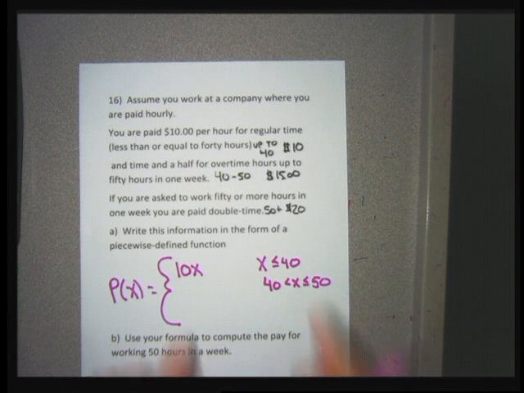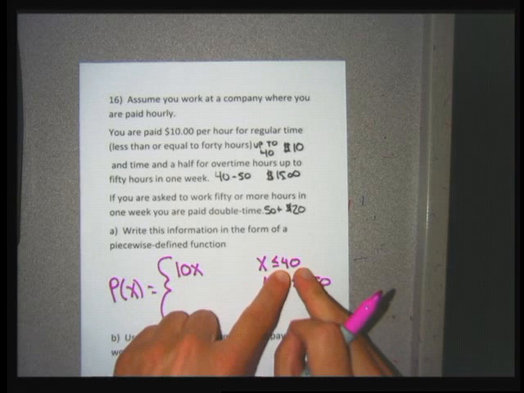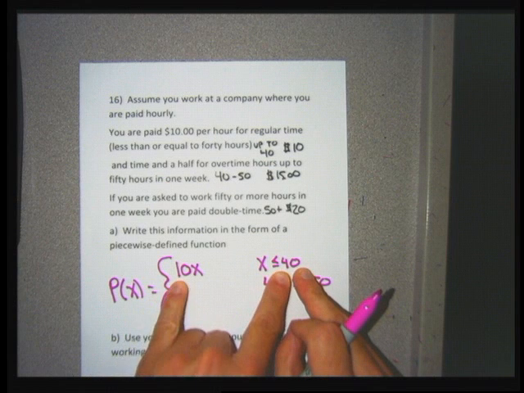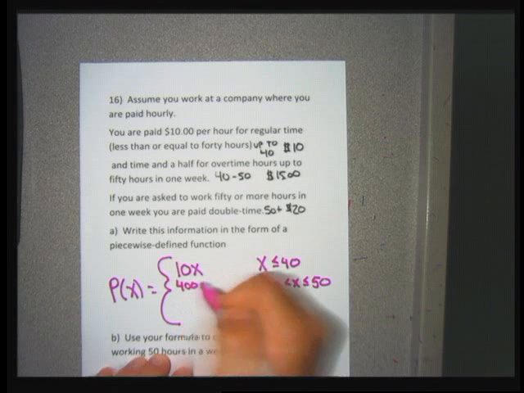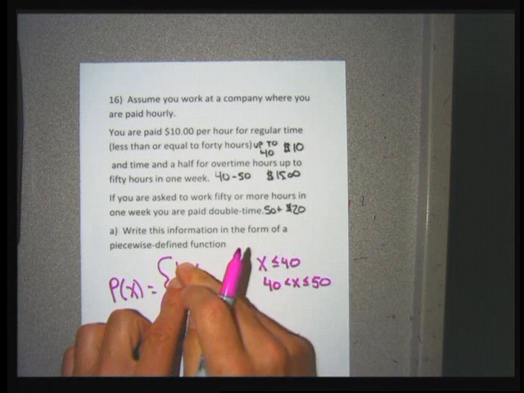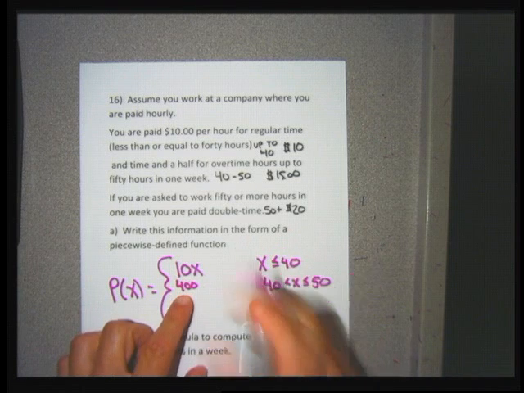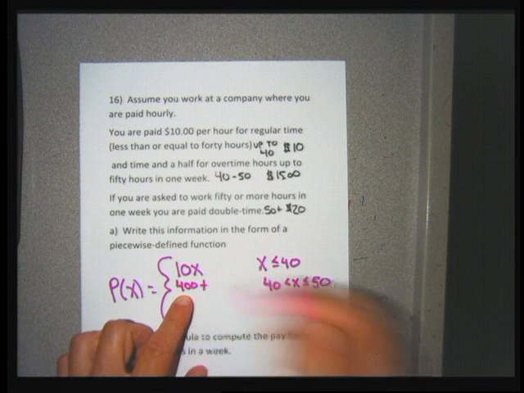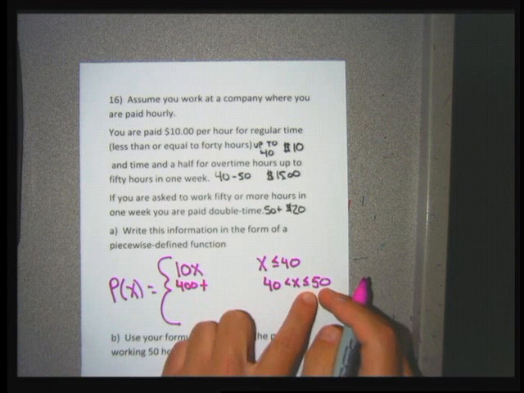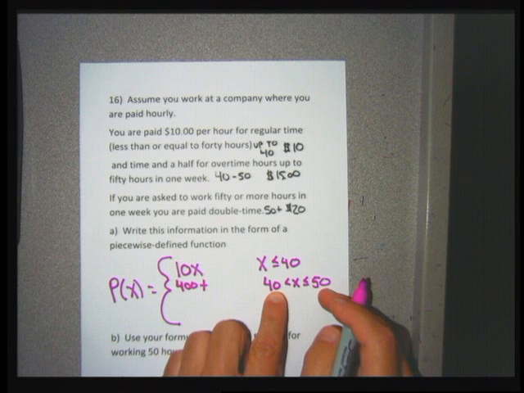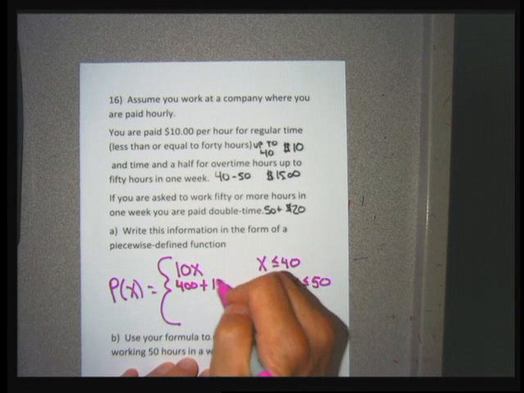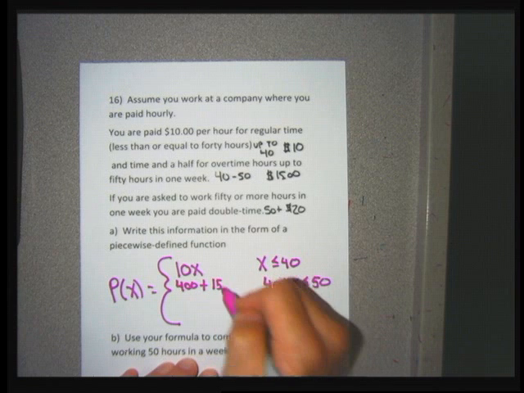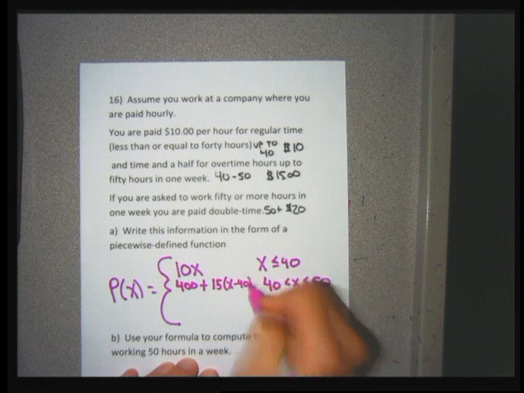My full 40 hours' worth of pay is 40 hours times $10 per hour, so it's going to be $400. And then I'm going to get overtime. The overtime is going to be the number of hours I have over 40, times $15 per hour, because this middle wage is time and a half, which is $15 per hour for any hours over 40.